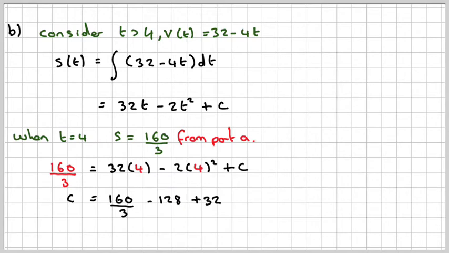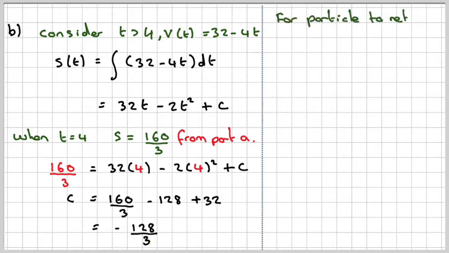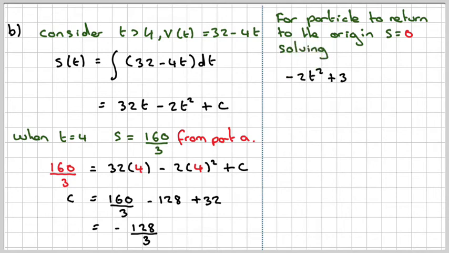So basically we have taken that over there, minus 128, and added 2 times 4 squared, 2 times 16, which is 32, which would give me minus 128 over 3. So for the particle to return to the origin, S must be equal to 0. So solving, we've got minus 2t squared plus 32t minus 128 over 3 is equal to 0.